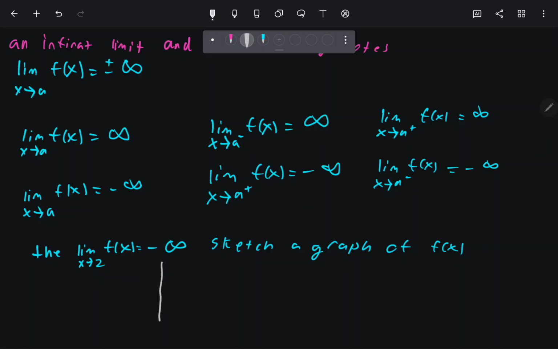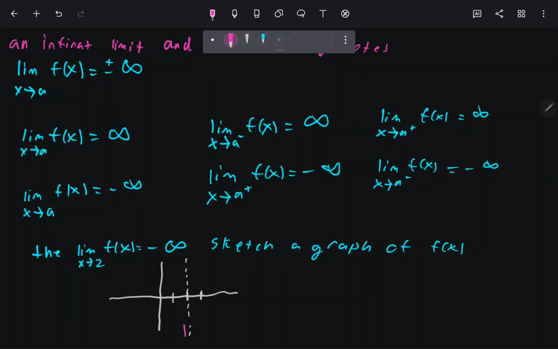So let's do that together. Well, we are going to want to go 2 over, and we also need to define an area around it, so let's just do 3 over. We are going to sketch in our vertical asymptote. And notice that this isn't a one-sided limit, so we know that f of x must be approaching -infinity from both sides.